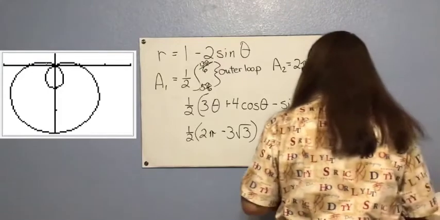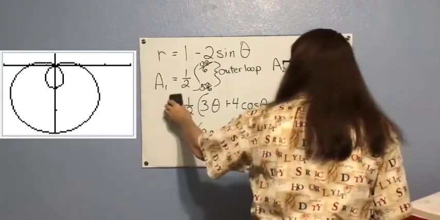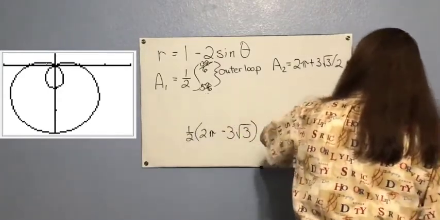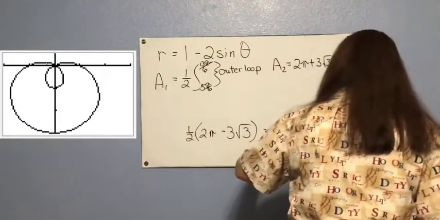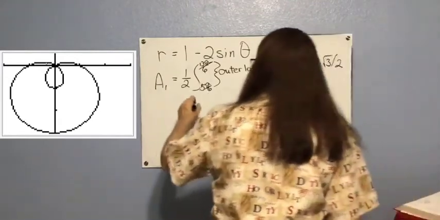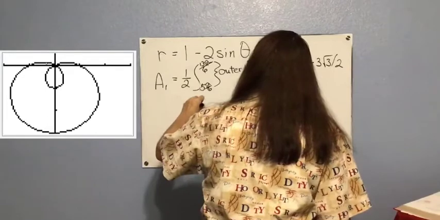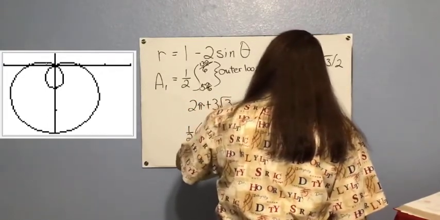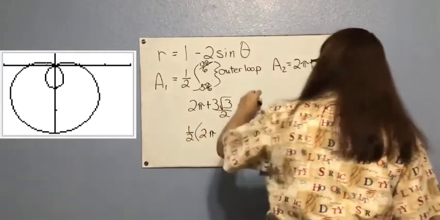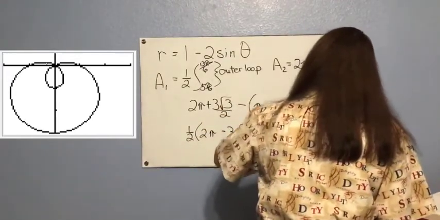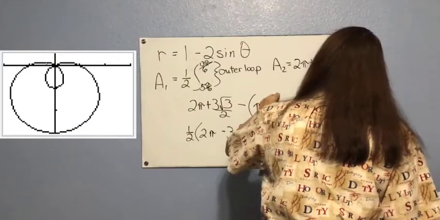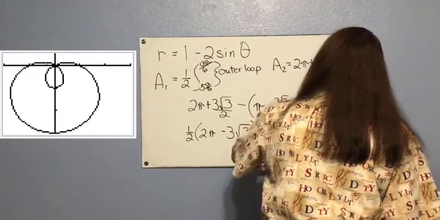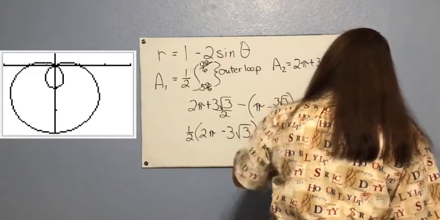So to find the area that's in between the two loops, I'm going to have 2 pi plus 3 square root of 3 over 2 minus pi minus 3 square root of 3 over 2.